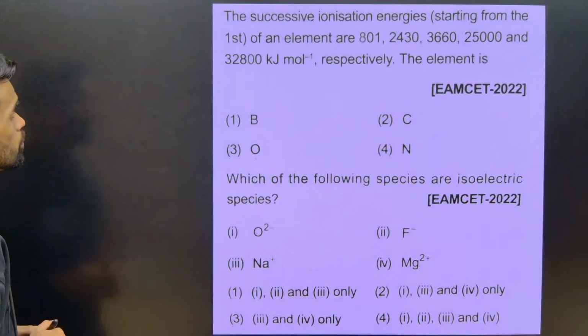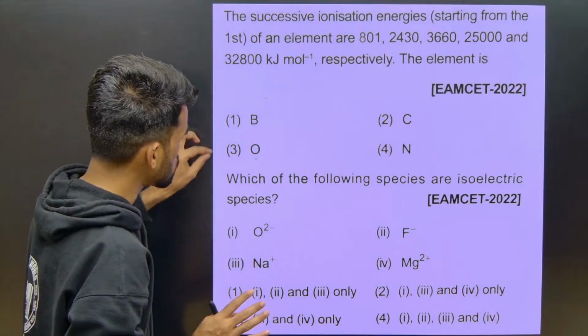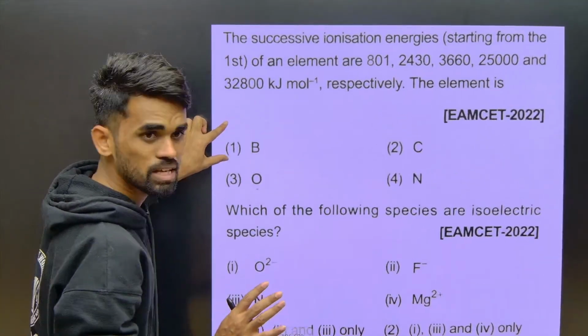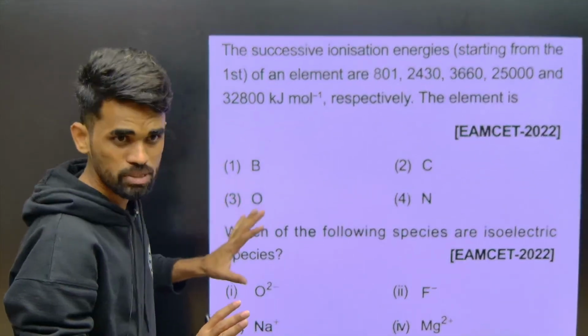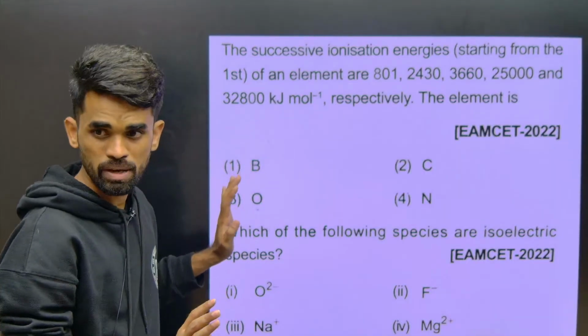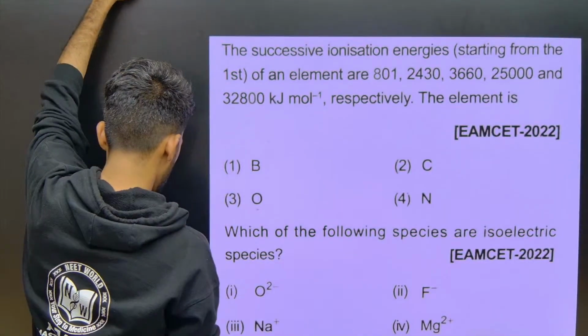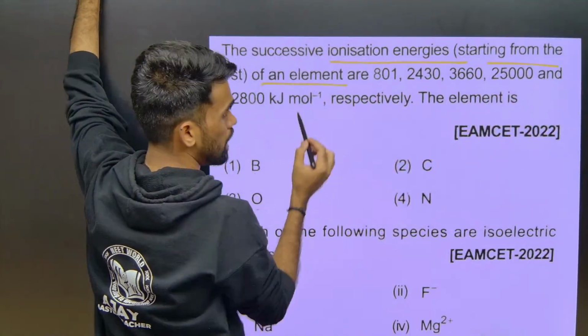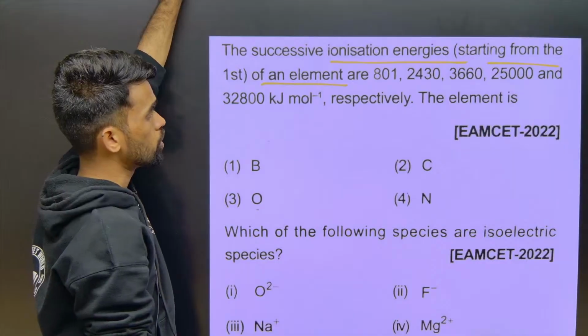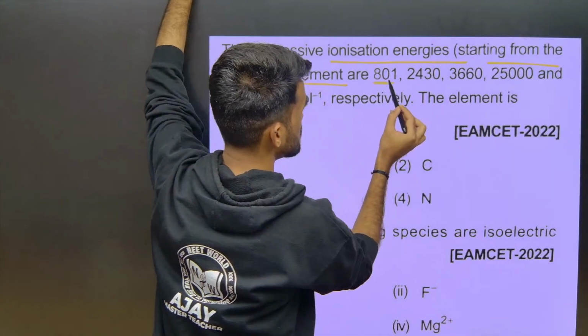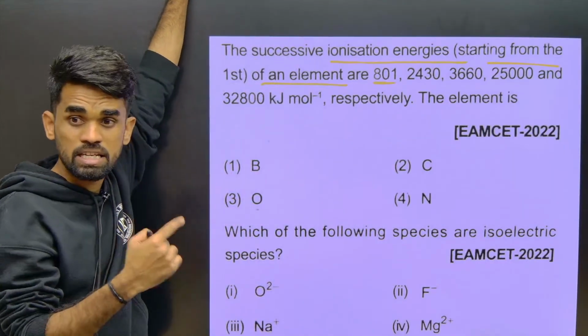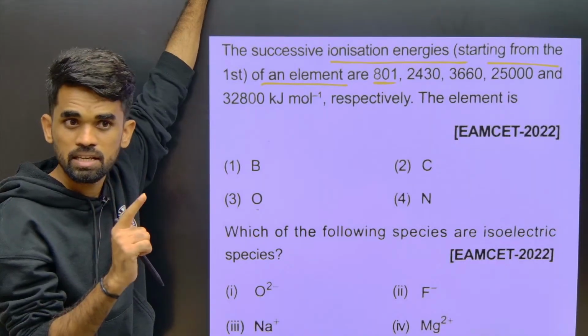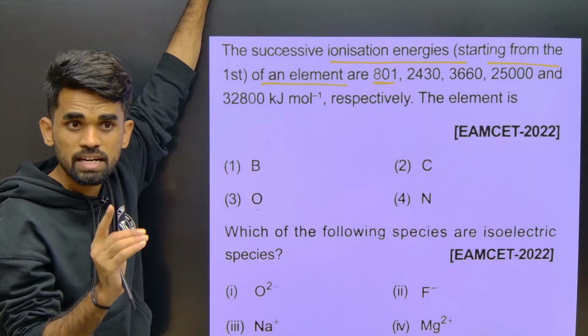Next, again I am solving these questions just to make you more clear with the concept. Since we have some time, I can do this question so that it becomes clearer. See, the successive ionization energy values of an element are given like this. Successive ionization energy values, as we discussed, increase or decrease?